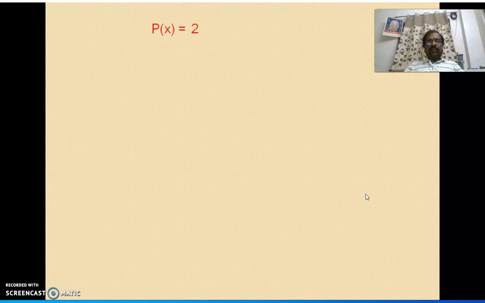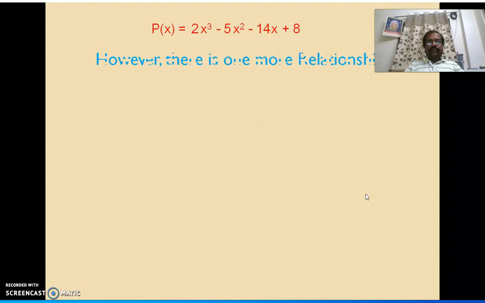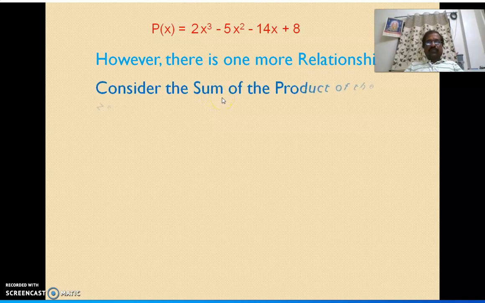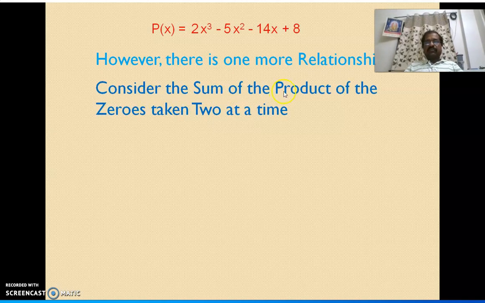Now P of x is equal to 2x cube minus 5x square minus 14x plus 8. There is one more relationship. We already discussed the sum of the zeros and the product of the zeros. Now consider the sum of the product of zeros taken 2 at a time.